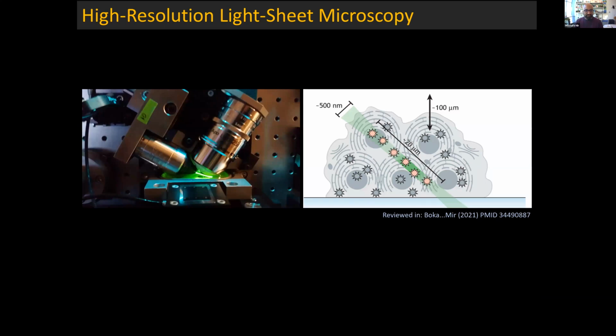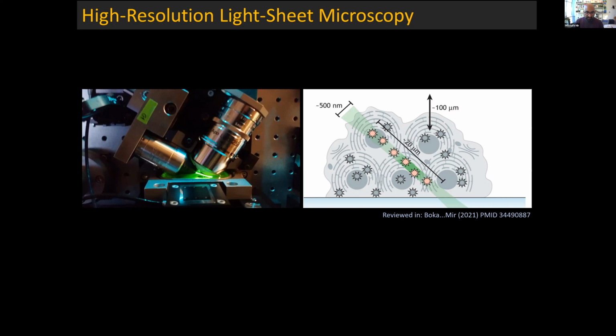And then the second objective is used for detecting the fluorescence from the molecules that are excited by this thin sheet of light. This method of selective plane illumination and detection allows us to have really nice contrast deep inside of samples because we're not contributing to the background. And this in turn allows us to go either faster or for longer periods of time because we have limited photobleaching.